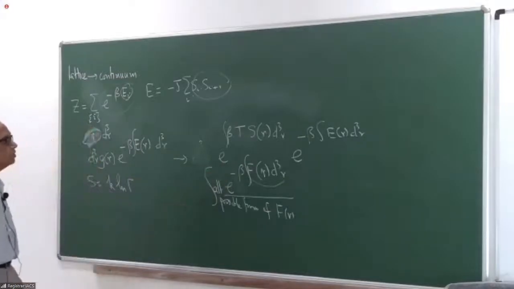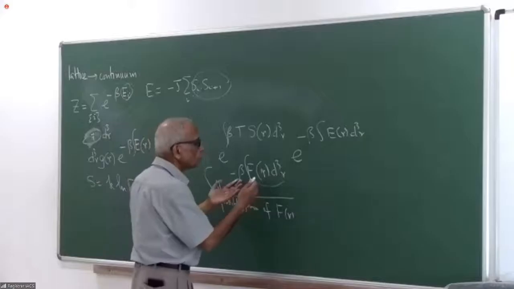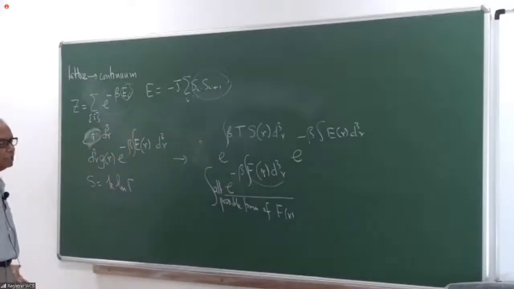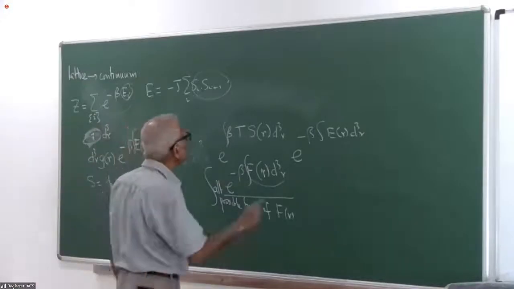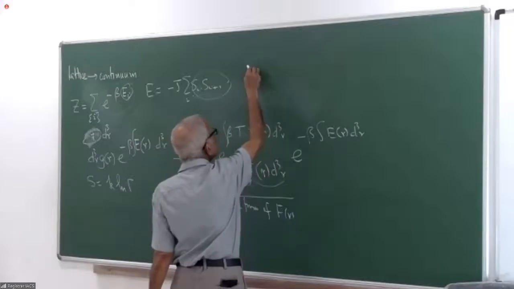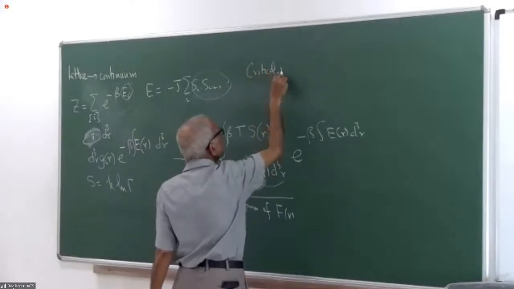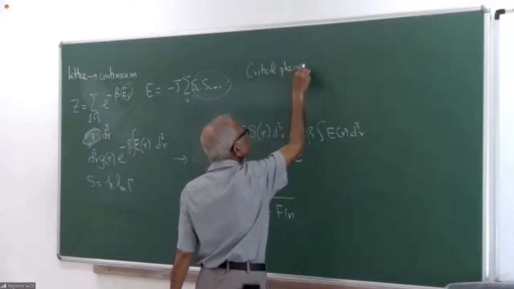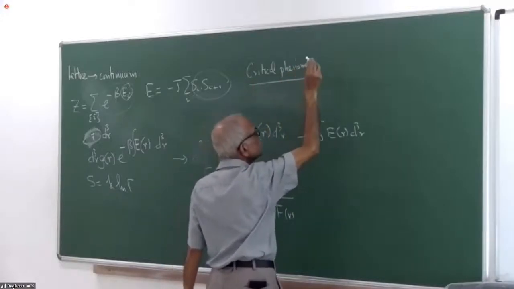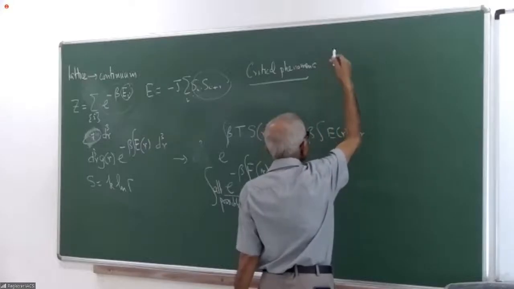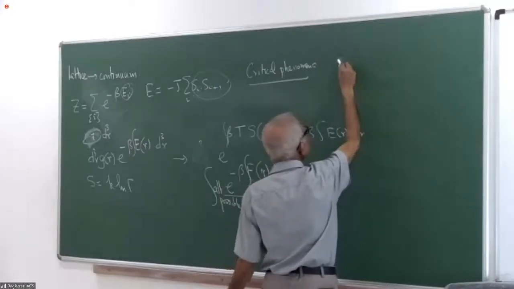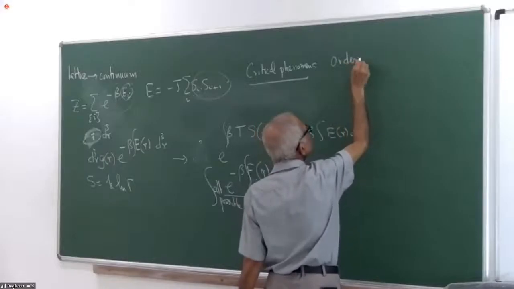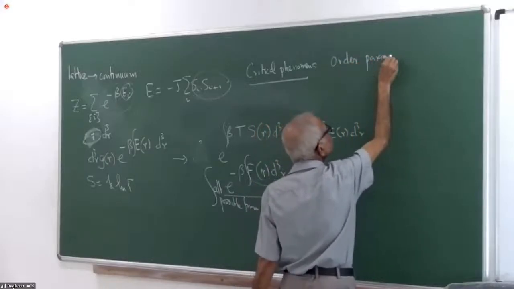So if I want to make any progress, then I have to talk about what kind of form f of r is going to take. We are in the business of talking about critical phenomena. The phenomenology is that there is something like a magnetization or a density, which we have given a general name, order parameter.